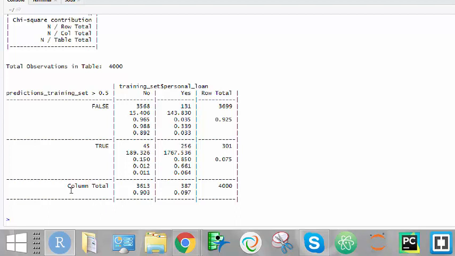So 256 plus two negatives, right? These are predicted no and actually no. 3568, divided by 4,000, right? Can I calculate it without doing the add and divide? Yeah, so I have to take that number and add that number, right? So my accuracy is what? 0.956, right? This model has an accuracy of 95.6%.